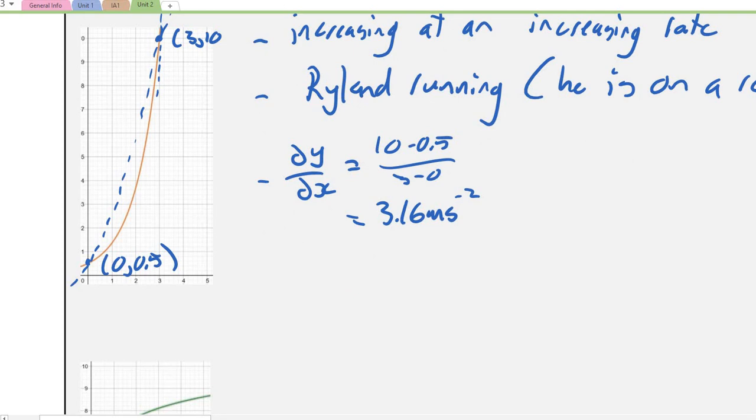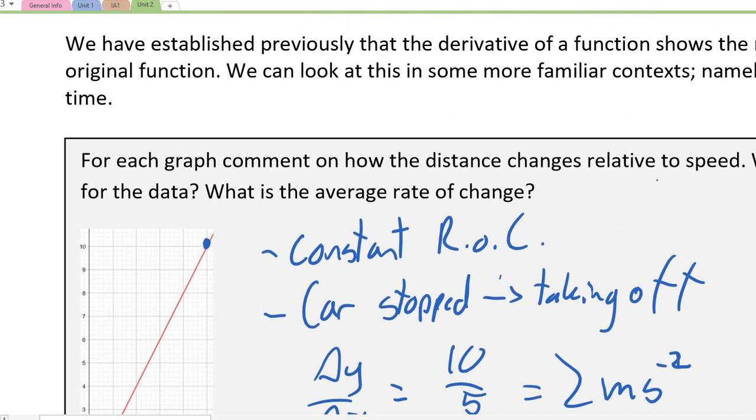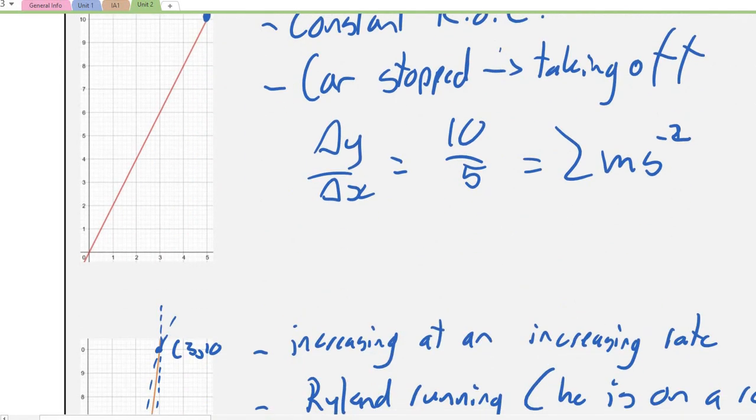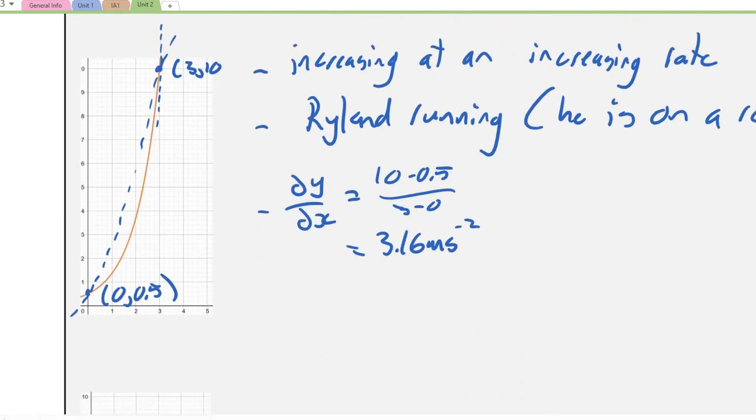The reason why is because it told us that this is comparing our distance to speed. So we're finding the rate of change of our speed, which means we are finding our acceleration, because acceleration is how quickly our speed or our velocity is changing. So these are acceleration calculations that we're doing when we're finding the average rate of change.